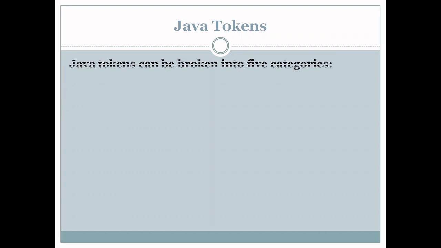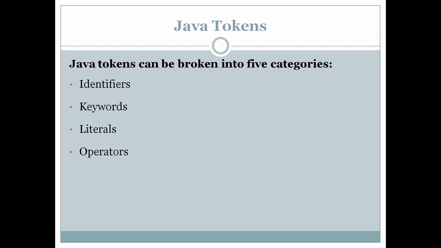These are identifiers, keywords, literals, operators, and separators. So these are 5 Java tokens. Each of this we will study in brief one by one. So let's start.